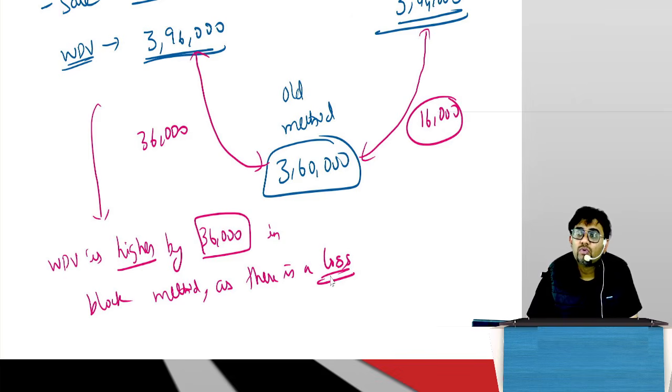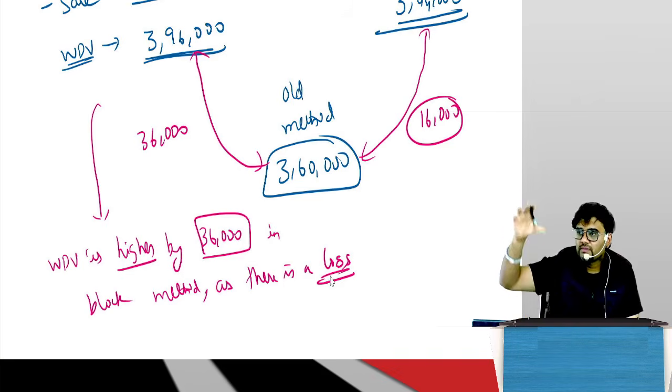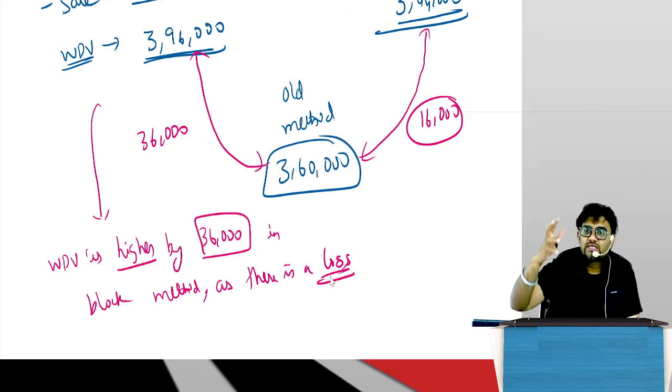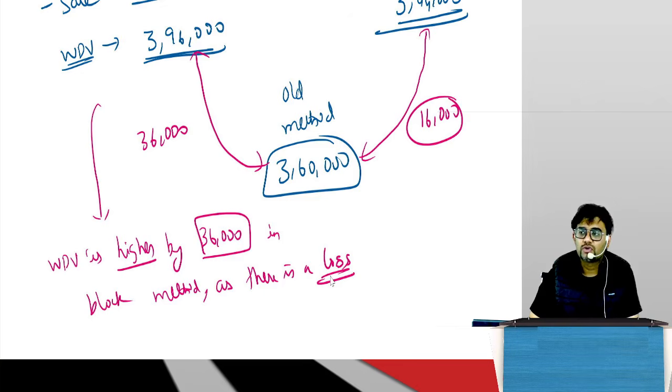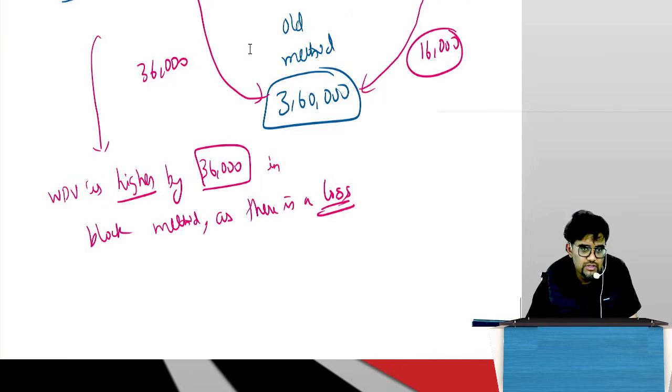Guys, if I had to remove the asset at cost, how much would I have removed? 1,80,000. So when I subtract 1,80,000, WDV will become 3,60,000. But did I subtract 1,80,000? No, I subtracted 1,44,000. Why? Because the asset was sold at a loss. When the asset is sold at a loss, what will happen to WDV? Increase. So the WDV is higher by 36,000 in the block method, as there is a loss.